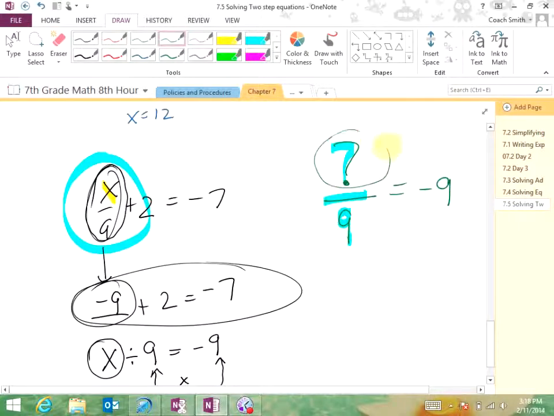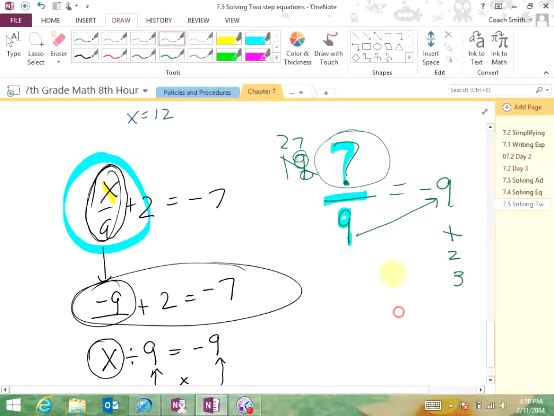So what does this number have to be for that to be 9? Well, if it was 9, that would be 1. So we know it's not 9. If it was 18, that number would be 2. Well, we know it's not that. If it's 27, that would be 3. And you're just working your way up is all you're doing. Easier way to do it is just simply take 9 times negative 9.